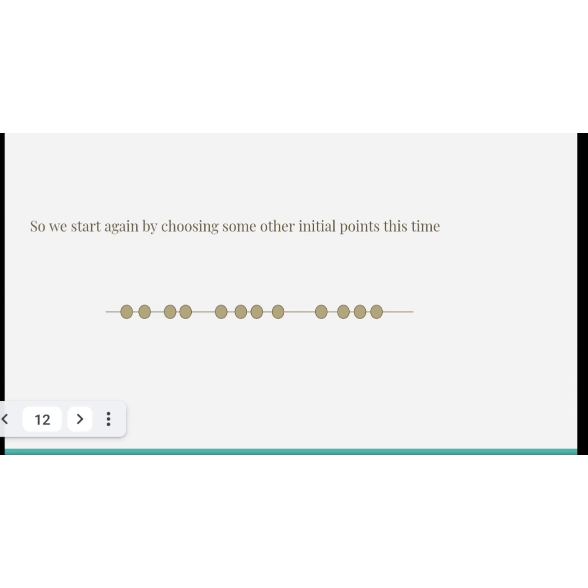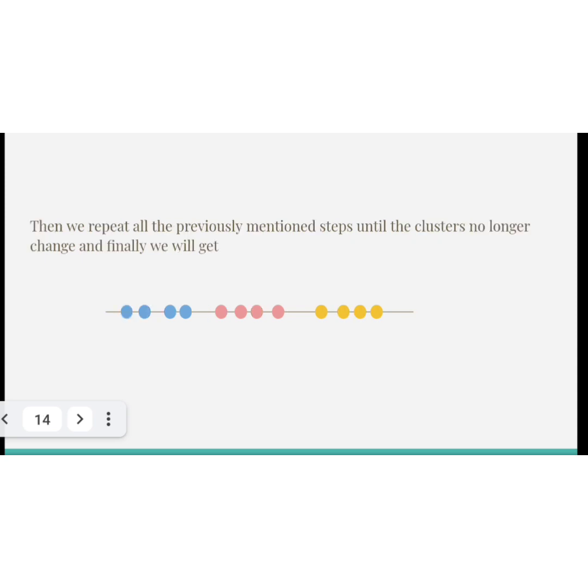So I have chosen these 3 points as initial points this time. Now we will repeat all the previously mentioned steps. And finally, we will get this cluster. Now this is the same as what we had expected in the beginning, right? So this is the process of K-means.